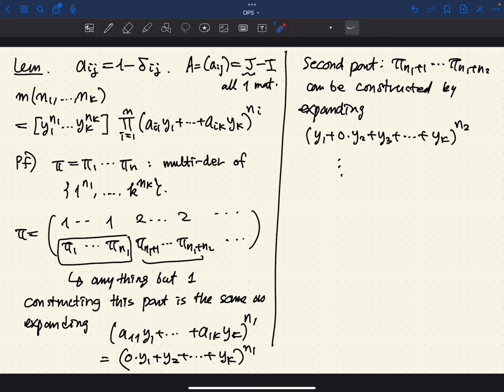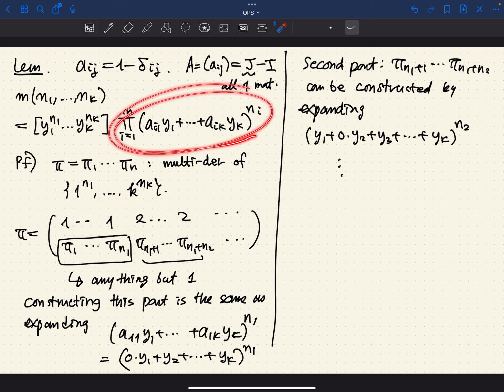But that's always going to be a multi-derangement, but we want exactly n1 ones there, because the number of ones here must be exactly n1, because we just rearrange them, but we don't change the numbers. We only rearrange them.